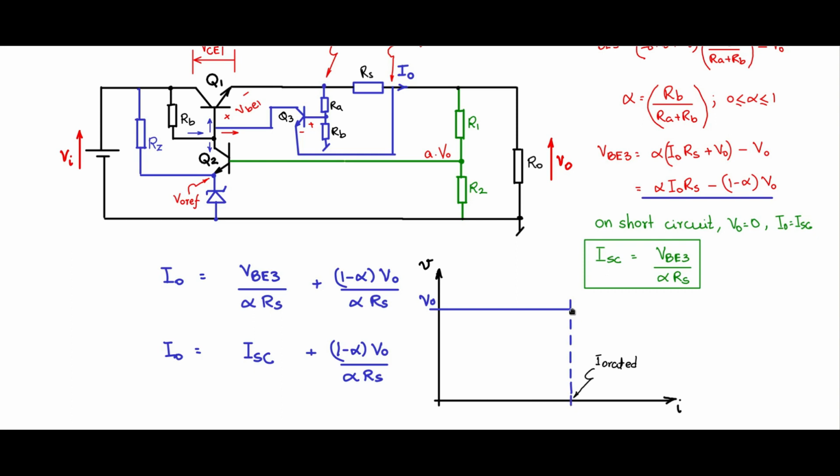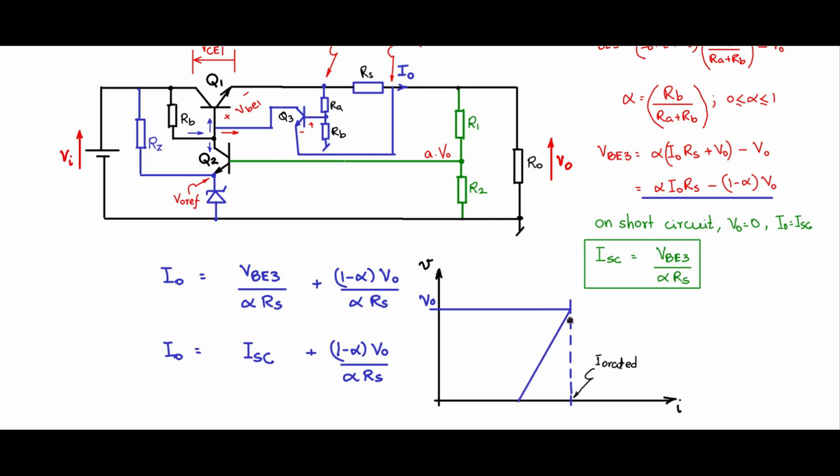Now let us say I apply a short across the output, R naught is made 0. So the moment R naught is made 0, V naught becomes 0, this term vanishes. So I naught reduces to ISC. Actually, when it was operating in the normal operating mode, the value of I naught here is ISC plus something. And now V naught is made 0 under short circuit condition.